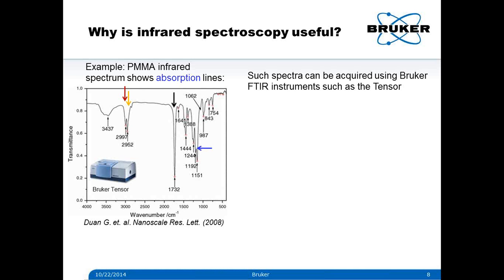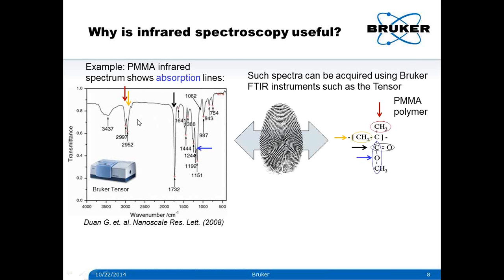You see certain resonances here that are a fingerprint of the polymer you are probing, so you can identify each of these specific resonances. For example, an important resonance is this CO stretch, which shows up at 1730 wave numbers.